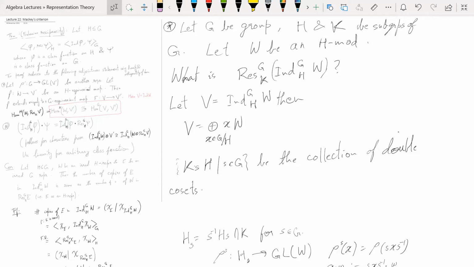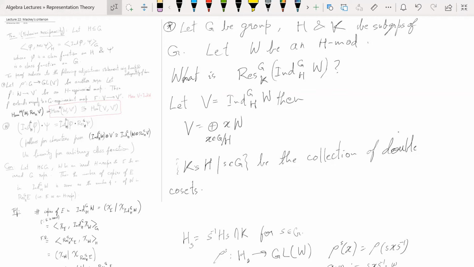We'll cook up two representations: one is a restriction of H to some other subgroup, and another representation, and they shouldn't have any common irreducible representation. To define that, we'll have to introduce a new notion and consider the following situation.